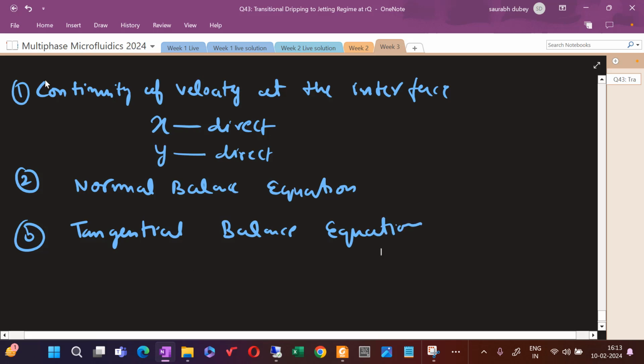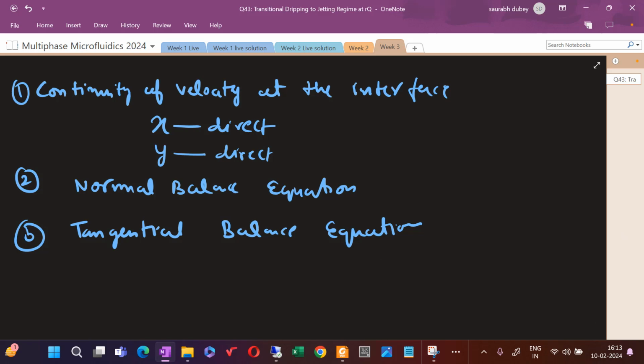So the tangential balance equation, normal balance equation, and different equations play their role in deciding whether the system is getting some kind of instability at the interface and leading to some flow structure, or is just trying to get a stable structure.